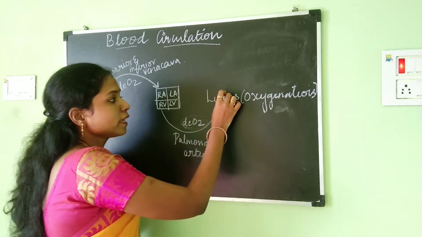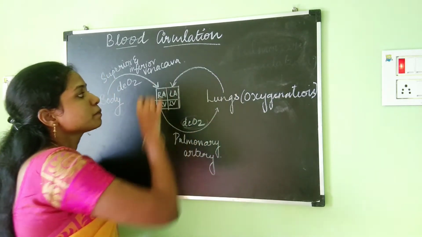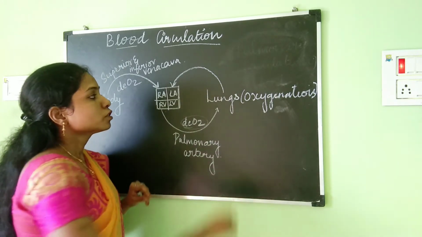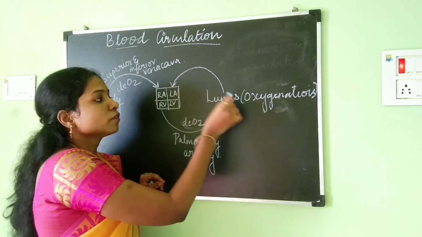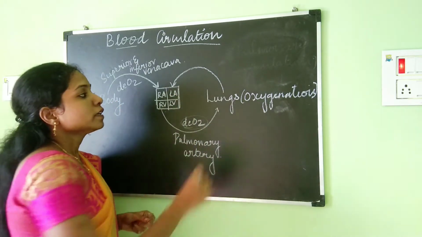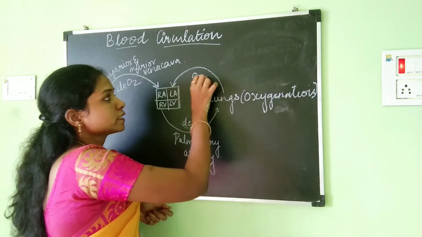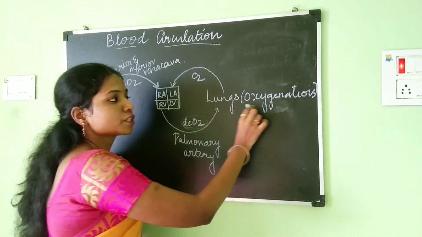Okay, and then after that, from the lungs, the blood will be sent back into the heart. Which part of the heart will it enter? From the lungs, the blood will enter into the left auricle. Now the blood coming from the lungs is oxygenated, because oxygenation is done.